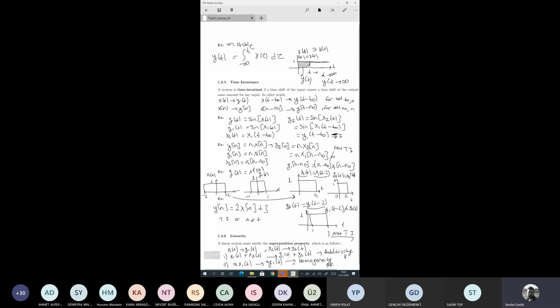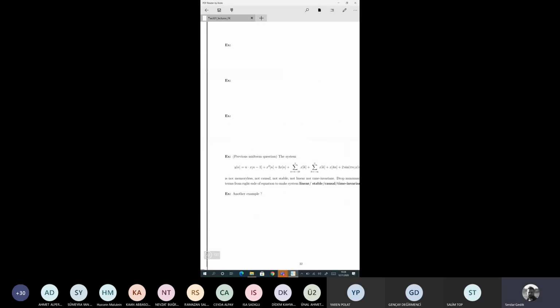So a linear system must satisfy both additivity and homogeneity properties. Or in short, it means that I can combine those two properties.